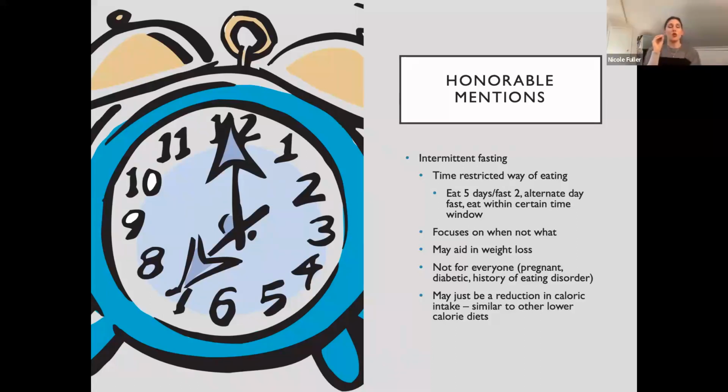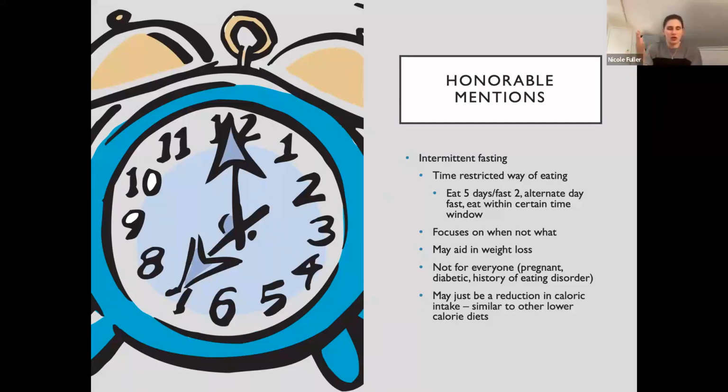It focuses more on when you're going to eat than what you're eating. This diet definitely is not for everyone. If you're pregnant, if you're diabetic, if you have a history of eating disorder, it probably is not the type of fad diet you want to try. It might just be the reduction in calories that causes the weight loss, right?